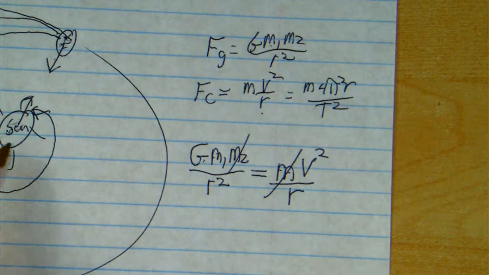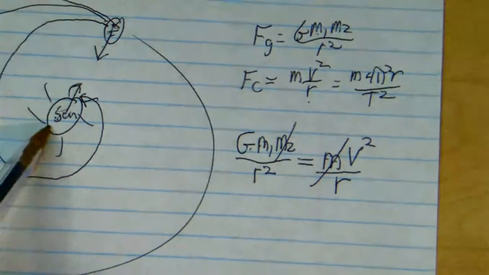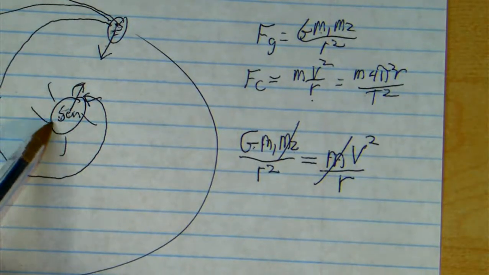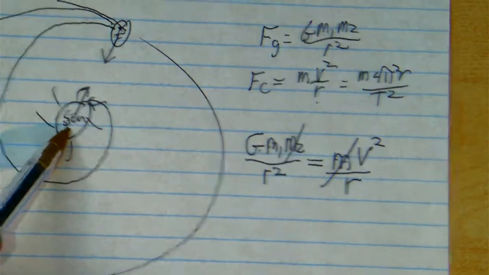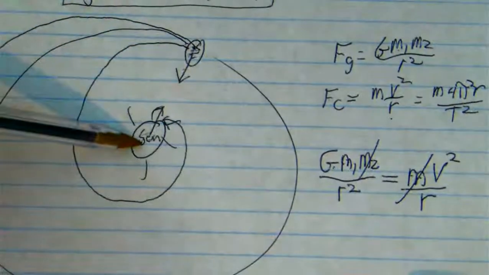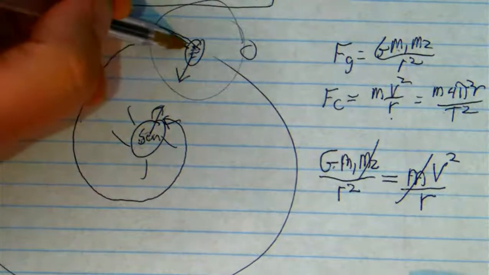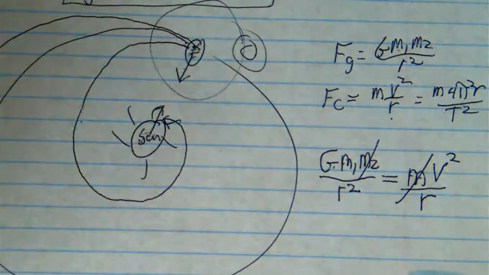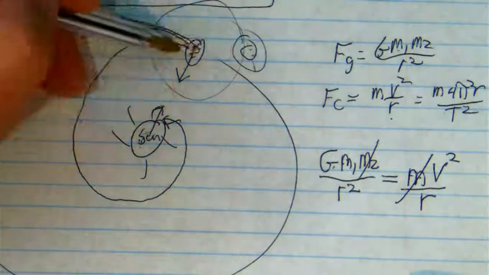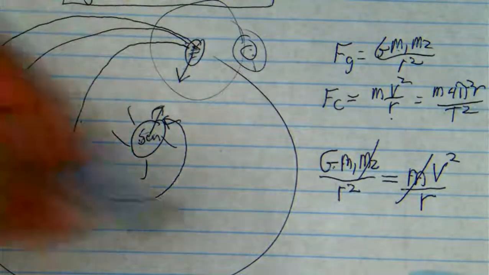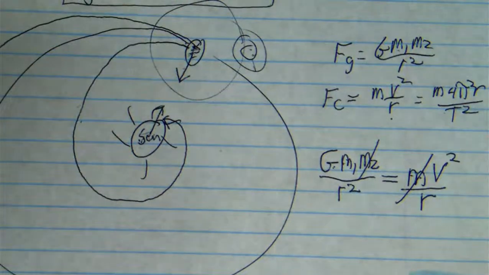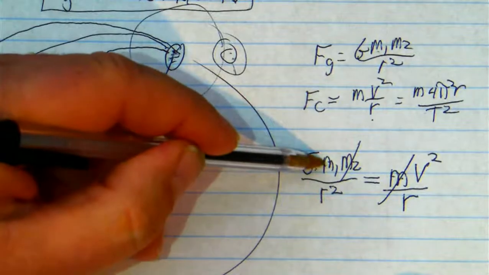And so the only mass that ends up being relevant is the central body. For the Earth going around the Sun, that's the Sun. For the Moon going around the Earth, that's the Earth. For a spacecraft going around the Moon, that's the Moon. The central body, the one that's in the middle of your circular orbit. That's the mass that goes here.